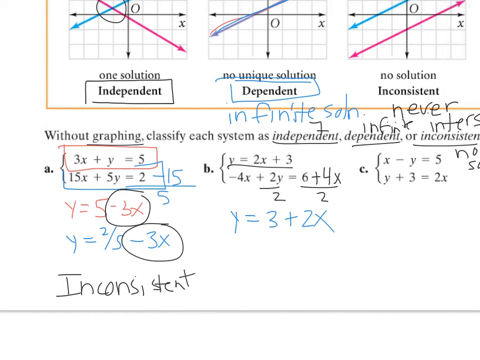So this has to be the exact same line. If I rewrite the top one down here, it's going to be 3 plus 2x, exact same line. So they're coinciding lines. There's no unique solution because there's an infinite number of solutions. It's a dependent system.